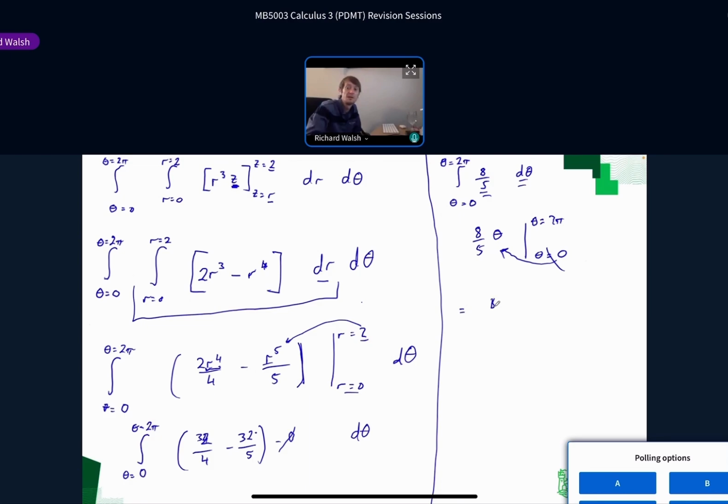But subbing in my upper limit, 8 over 5 times 2 pi is 16 pi over 5. That would be your value there. You can approximate that on a calculator if you want, but there's no need. So that would be question 6 from that paper.